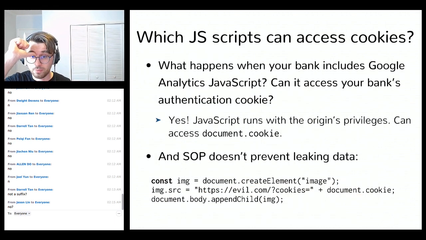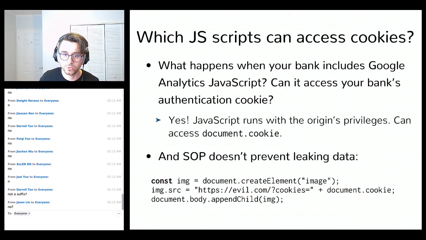Okay. The other thing that I want to highlight is, again, the same origin policy for scripts is very loose. So when you load a script on your page from, say, Google Analytics or whatever third party, doesn't really matter, that thing has the same privileges as your own scripts running on that page. So it can actually just look at document.cookie.